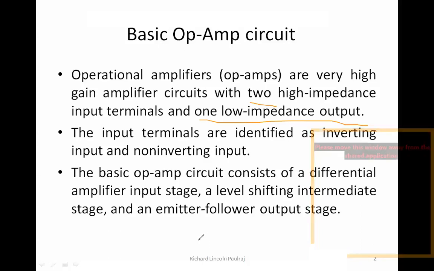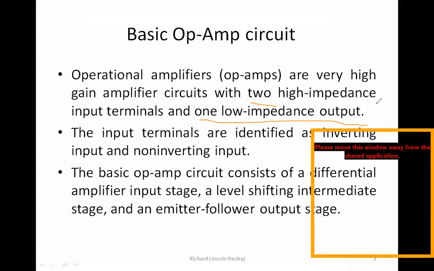Impedance is somewhat similar to resistance, sir, like an opposing force. Correct. So when I say there is high input impedance, it means the input side will have high impedance, and when I say low impedance, it means whatever is in the circuit can freely flow out, because there is no impedance.